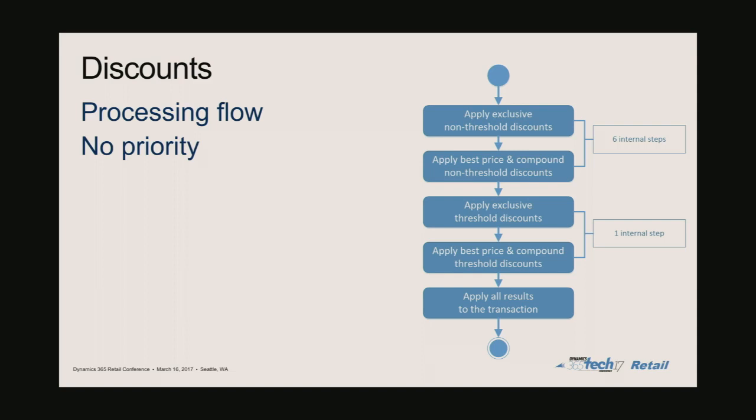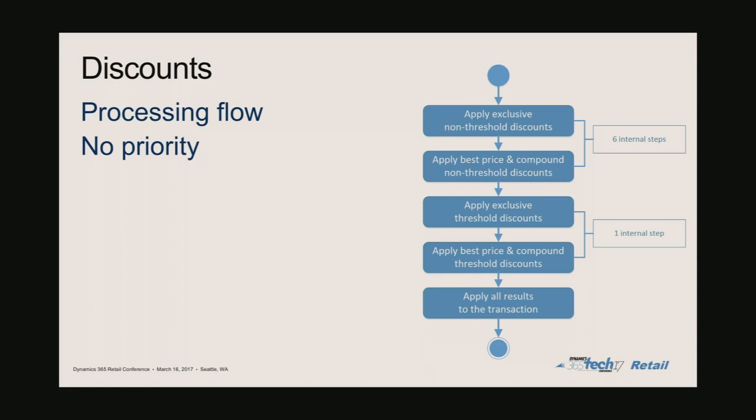Something not everybody realizes is best price and compound actually do compete for best price. So it's not a three-level ordering of exclusive, best price, compound. It's exclusive and best price compound. One compound and one best price will compete for best price. Two compounds and a best price, the two compounds will combine and compete with the best price.